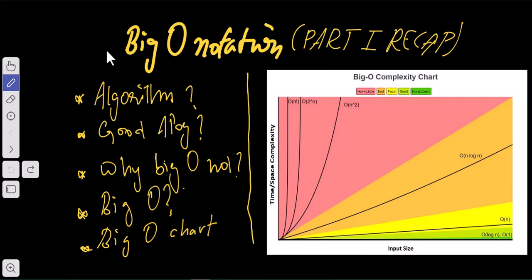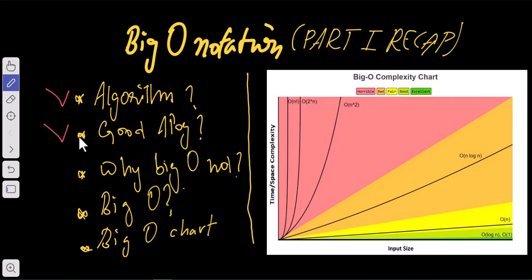First, before getting into the nitty-gritty details of this video, I would like to make a recap of the last video where we introduced the big O notation, and we talked about some related concepts. We started the video by explaining what an algorithm is. Then we moved to explain what makes a good algorithm, like how we can judge if an algorithm is good or bad.